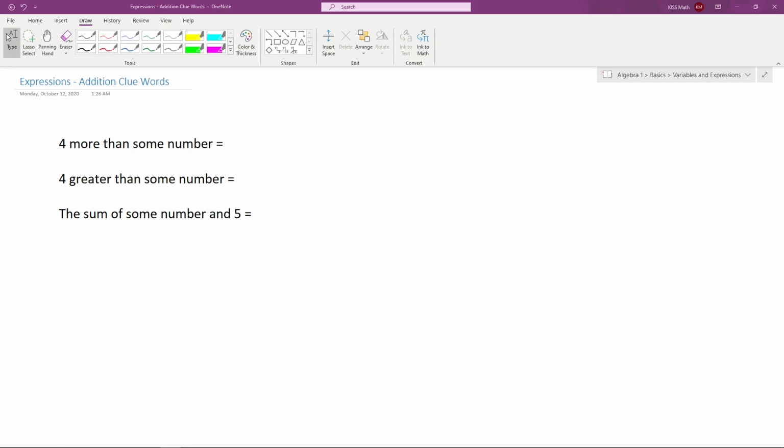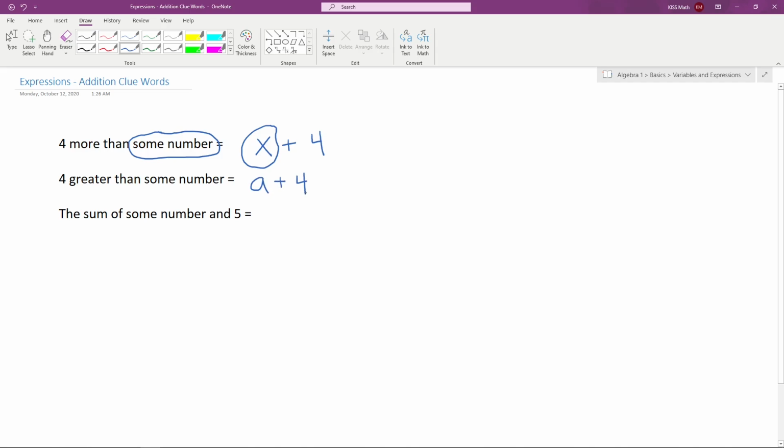Here are some common ones, and I'll start with addition. If somebody says 4 more or 4 greater than some number, we can express that as x plus 4. And this x here is representing some number. And actually, it could be any letter, like a plus 4.